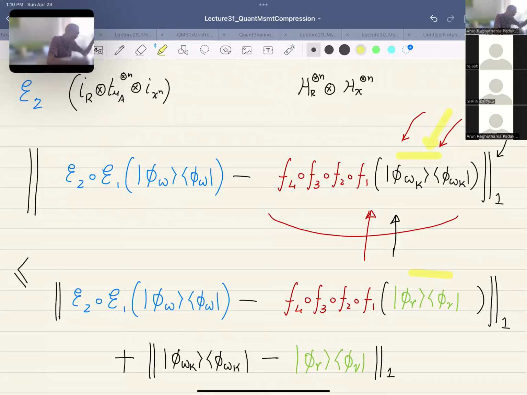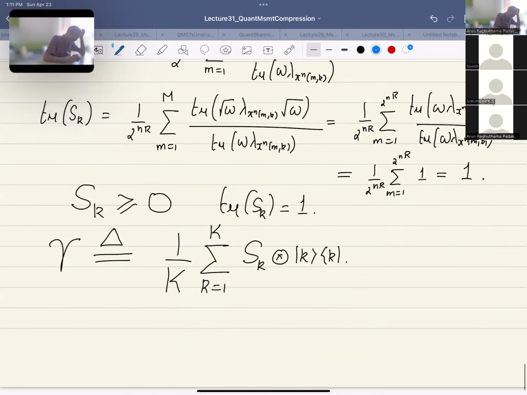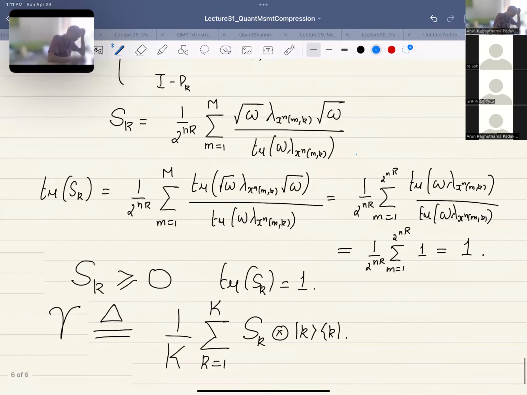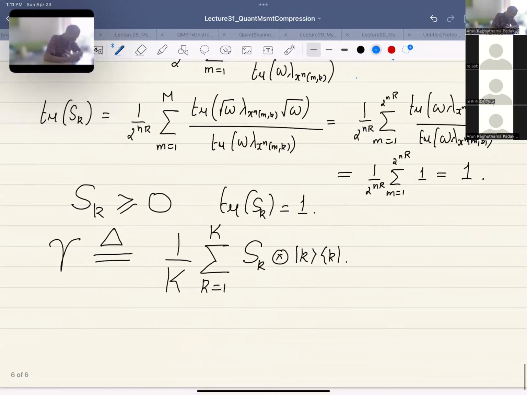This is essentially omega tensor kk, 1 by k, so this is HA tensor HK. My SK lives in L of HA tensor n, because it's an operator. So I have to couple it with something in HK. That's exactly what I've done. And I normalize it because I want gamma to be a state.